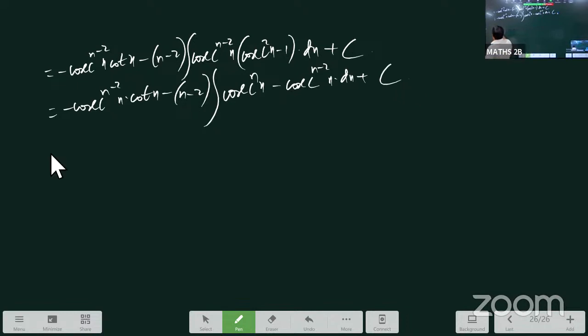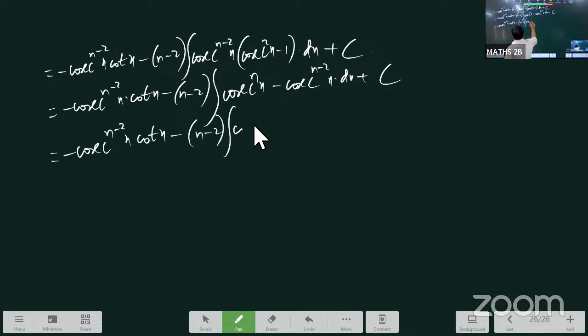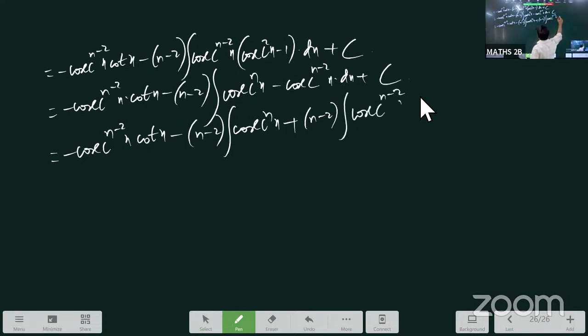That is nothing but minus cosecant power n minus 2 x cot x. Separate your integration now. Cosecant power n x, minus into minus plus n minus 2, that is nothing but n minus 2 integration of cosecant power n minus 2 x dx.